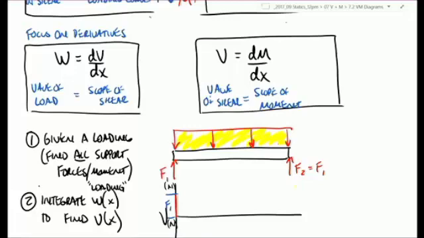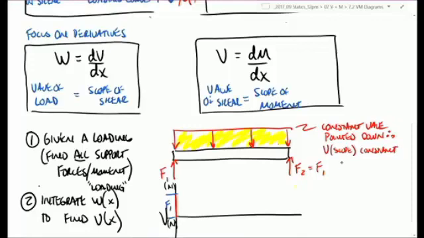It's going to be negative because the arrows are pushing down, which means I have a load that's coming down. Okay, and so just put that little note on here that this tells me this is a constant value pointed down. Therefore, I'll put it here as V slope will be constant and negative.